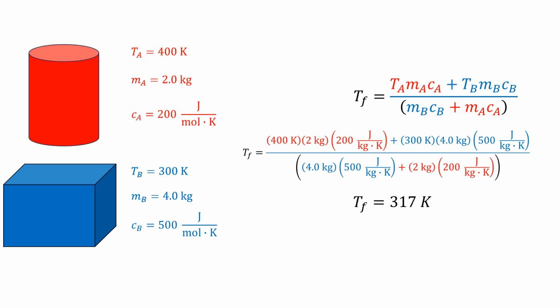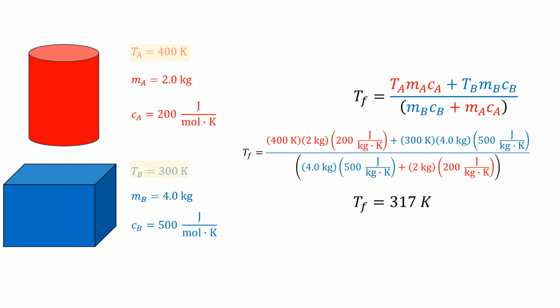And the easiest way to think about the units here is just to look at the things that are in the numerator. You have kelvins, kilograms, and then joules per kilogram Kelvin. And then look at the things in the denominator. You have everything that we just listed except for the Kelvin term. And so your answer must be in Kelvin. And when you stop and think about it, it should make sense, number one, that temperature is in between those two original temperatures.